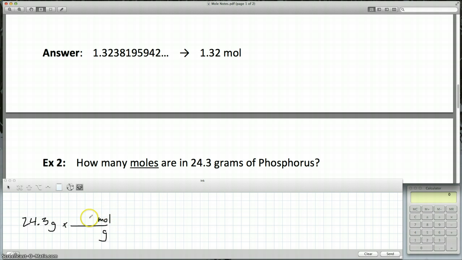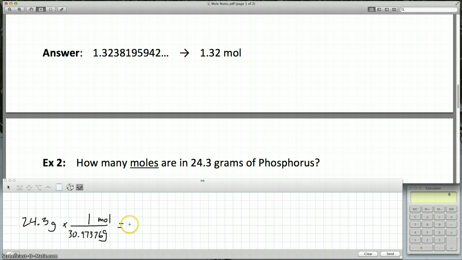Mole, whenever I have mole for a unit, I always put a 1 in front of it. Whenever I have grams for a unit, I put the red number. Now the red number, when I look it up in the periodic table, is 30.97336.